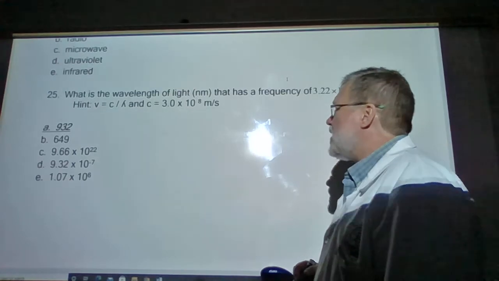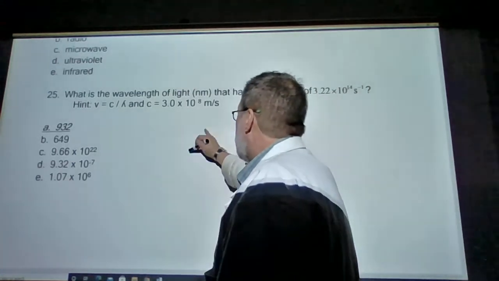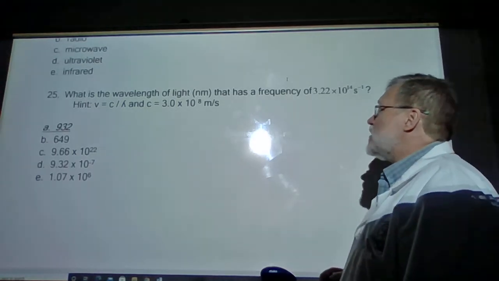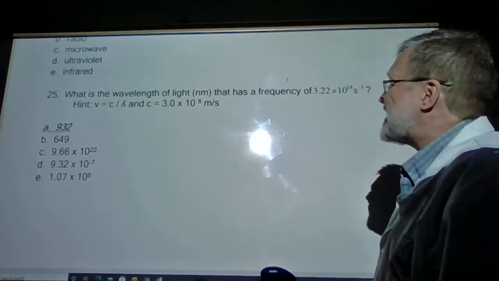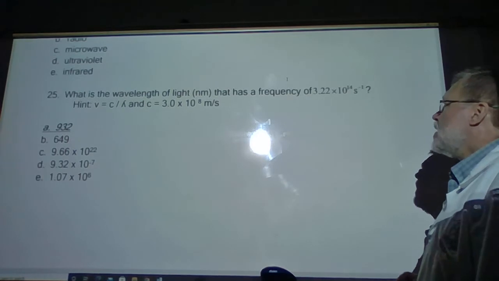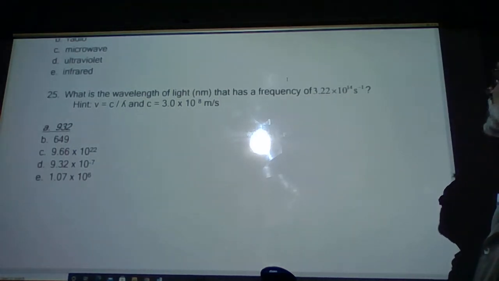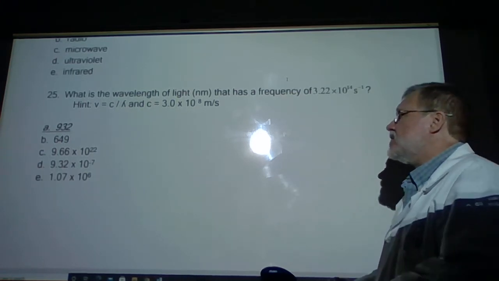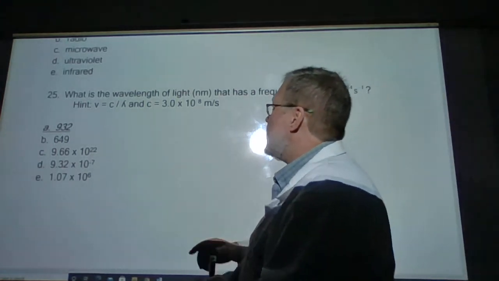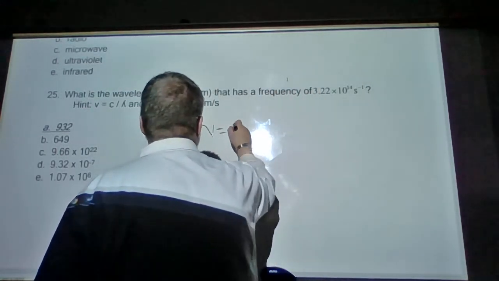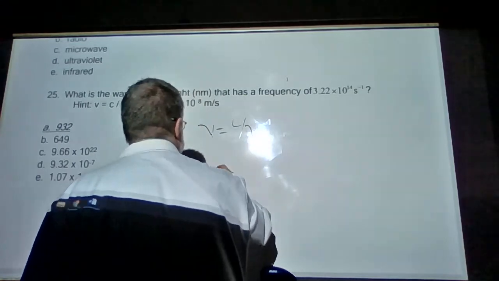You're given the value of c being 3 times 10 to the 8th. It's asking you the wavelength in nanometers of a frequency of light that has 3.2 times 10 to the 14th hertz. That's its frequency. So it is asking for lambda. So nu is equal to c divided by lambda.